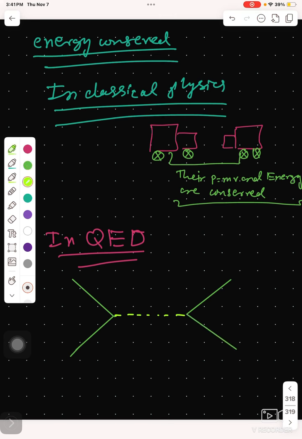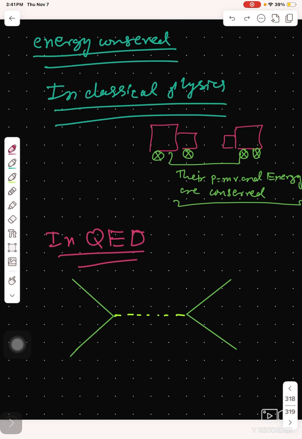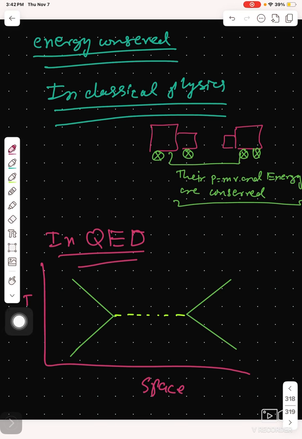To make it easier, let me draw it in a space-time graph, space and time. This one is increasing, so it's a particle, and decreasing, it's an antiparticle. So in this case it will be an electron and a positron. This one is increasing, so e negative, decreasing, e positive.